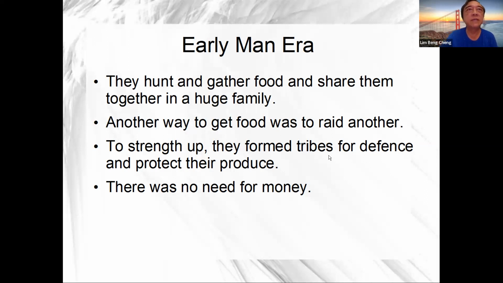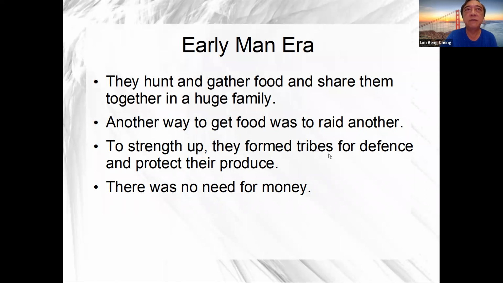Then, as tribes form, they realize that if they can form tribes into a bigger tribe, maybe you call it a village or kampong or a civilization or whatever you call it, then they're bigger in numbers.